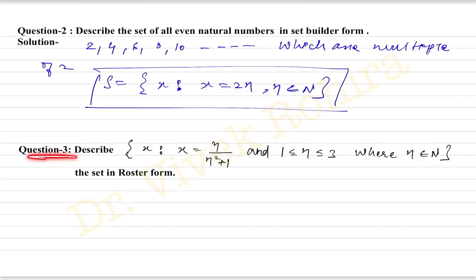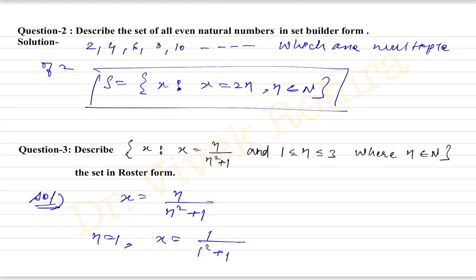In question number 3, describe X, where X is equal to n upon n square plus 1, where n is greater than or equal to 1 and less than or equal to 3, and n belongs to N, in roster form. So we have to write it in the roster form. To do this, we explore this relation. For n equal to 1, X will be equal to 1 upon 1 square plus 1, that is 1 by 2.